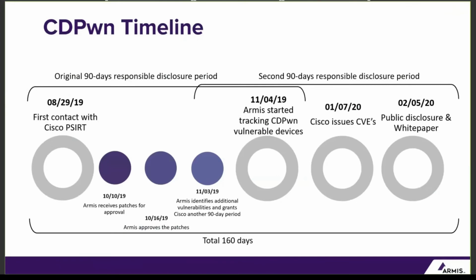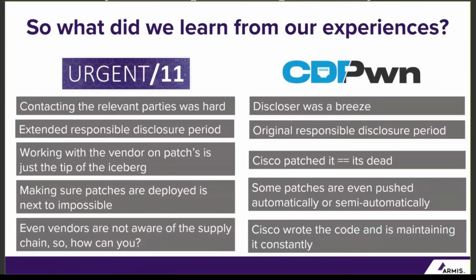So what can we learn from those experiences? First of all, in Urgent 11, contacting the relevant parties was really, really hard. Even getting in touch with the vendors was really, really hard. In comparison to CDPwn, which was a breeze, just calling Cisco and talking to them. They are very professional and they've seen this a lot before.